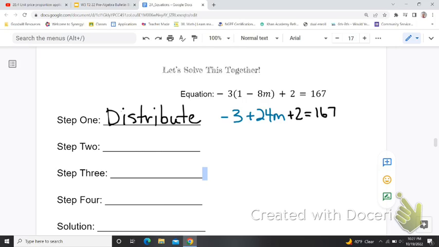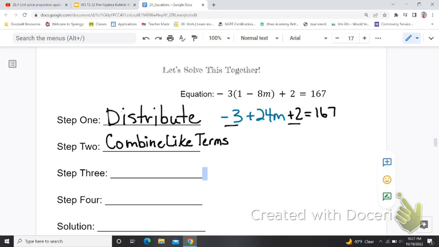And then the other thing that's included in simplifying, like when we only had expressions without an equal sign, is combining like terms. So before we start moving things to the other side, let's go ahead and tighten things up. Just like if you were moving your household, you would pack your things first. So we're going to pack things up.